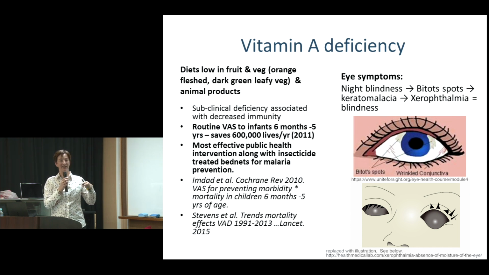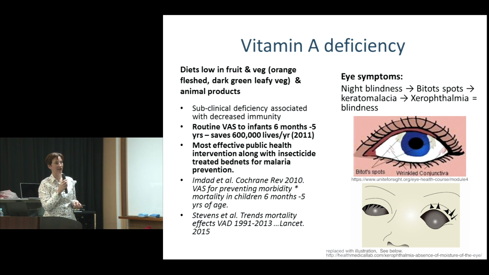But it's now accepted that there's really strong evidence that giving vitamin A supplements to children 6 months to 5 years of age reduces mortality when there are populations at risk of deficiency. And this, we think, is probably one of the most effective public health interventions that have been done in recent years, equivalent to insecticide-treated bed nets for malaria.